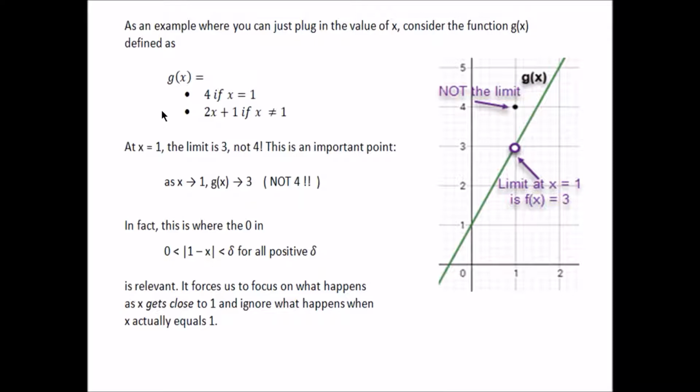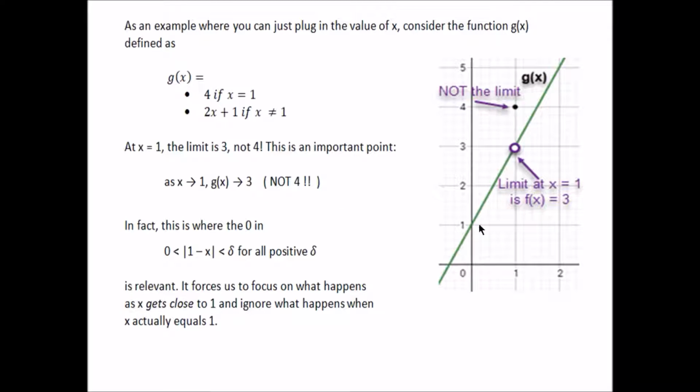Here's another example. The same function as a minute ago, except we've changed the definition at one point. So it's 2x plus 1, except if x is 1, we say the function has the value of 4. Now, the important, crucial point to understand is that even though g of 1 is 4, the limit of g as x converges to 1 is 3.